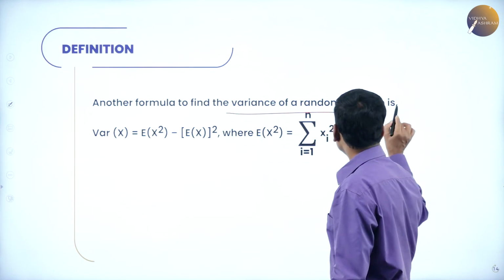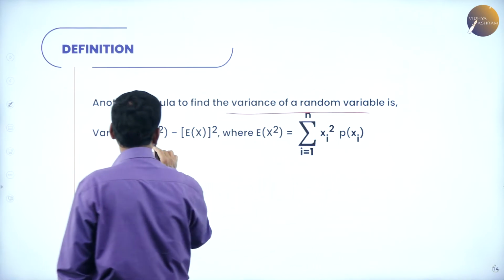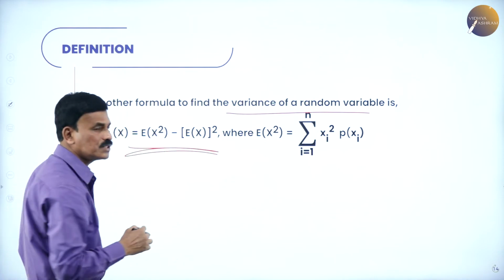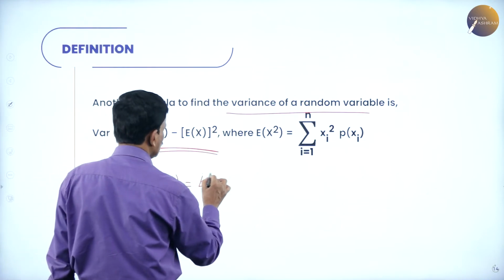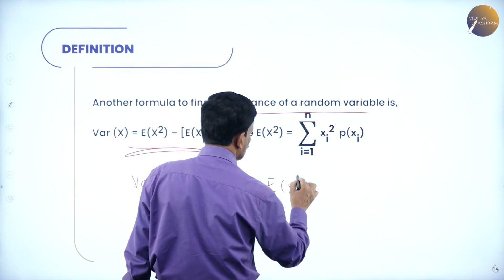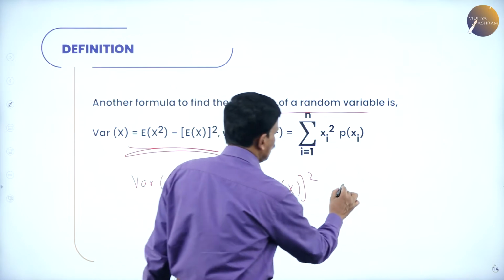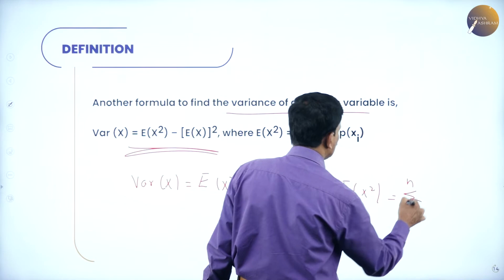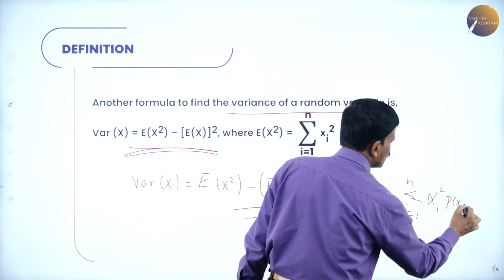So in other words, we can also calculate the standard deviation. Another formula to find the variance of the random variable is: variance of x is equal to E of x square minus (E of x) whole square. This is another formula used to find the variance of x. Here, the expectation of x square is equal to summation i equals 1 to n of xi whole square into p of xi.